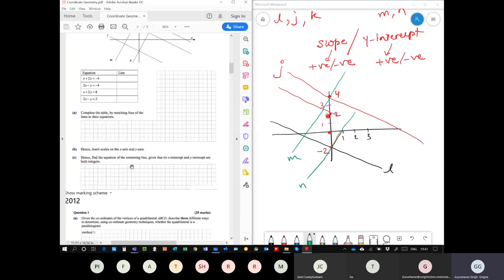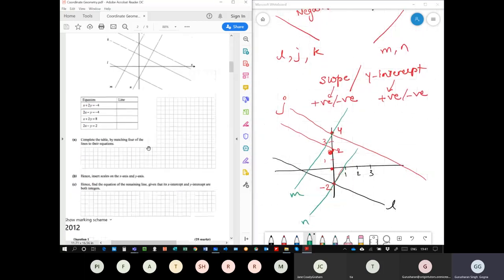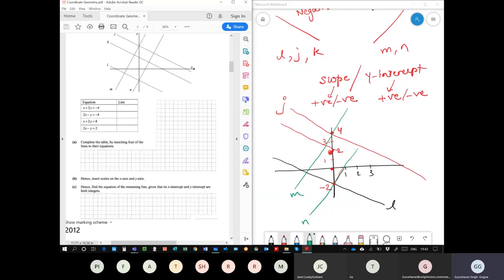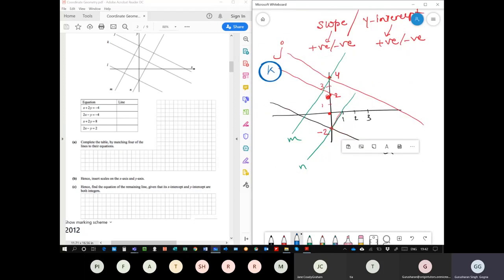Okay. Hence, find the equation of the remaining line given that its x-intercept and y-intercept are both integers. Remaining line means it's line K. That's the only line, isn't it? So this is line K. So you already know that line K is passing through 2.